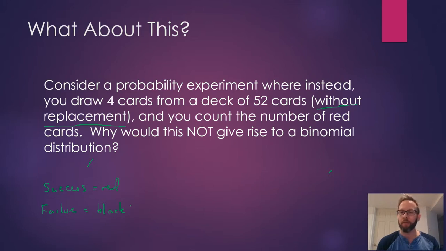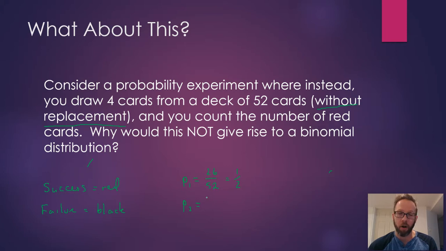Well, it's because these trials are not independent. So if you think about the first draw, the probability of getting red in the first draw, well, there's 26 red cards out of 52. So that is a half, or 0.5. But for the second draw, if you aren't replacing the cards, the probability of getting red is different.